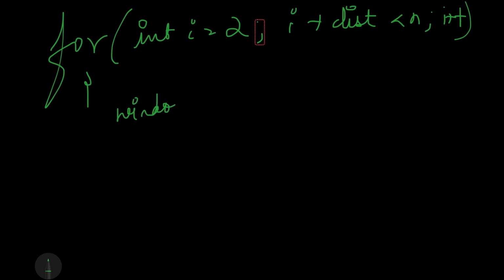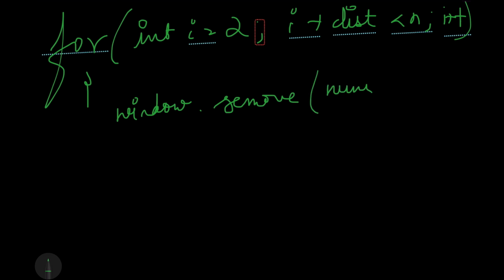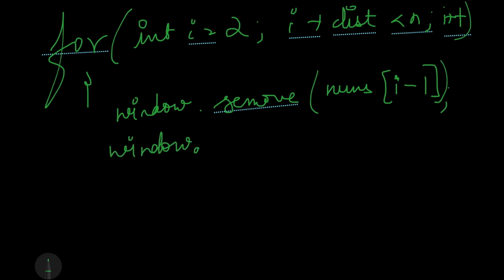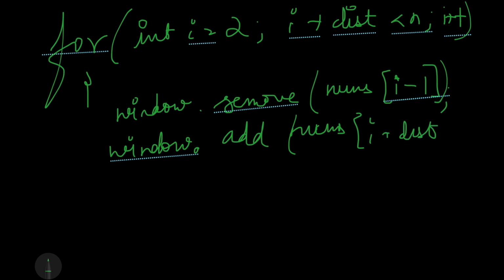Simply, we'll do window.remove, removing one element which is nums[i minus 1], and we'll add the other element which is nums[i plus distance].